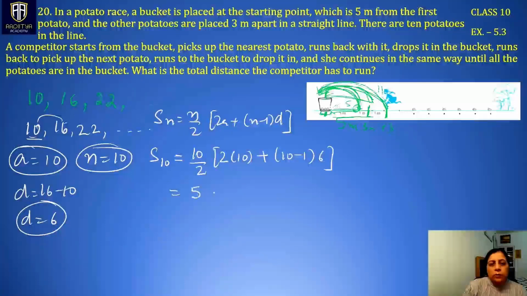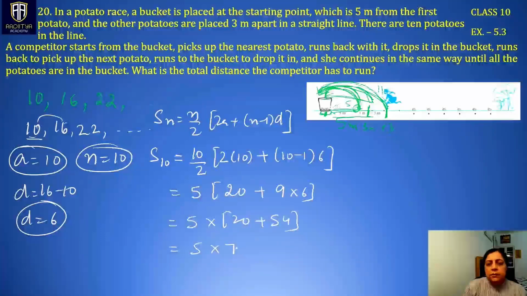10 by 2 is 5. This is 20 plus 9 times 6. So we have 5 multiplied by 20 plus 9 times 6, which is 54. 5 multiplied by 74. Right?